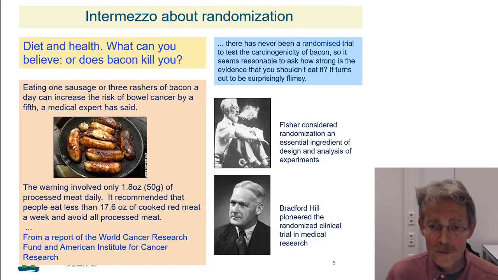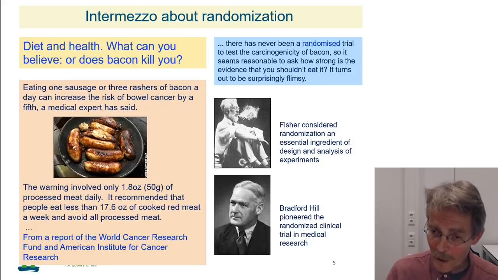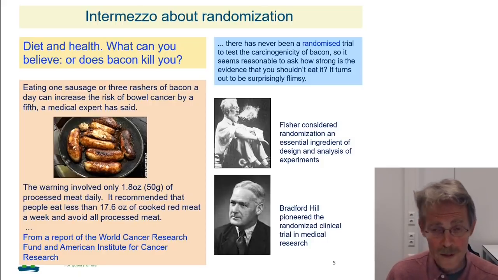But the problem is, if you find a difference at the end in their health, if you find that in one group there is more bowel cancer than in the other group, let's say that the sausage group has more bowel cancer, is it really due to the sausages, or is it maybe due to the fact that these people have other life habits than the more healthy food people too?